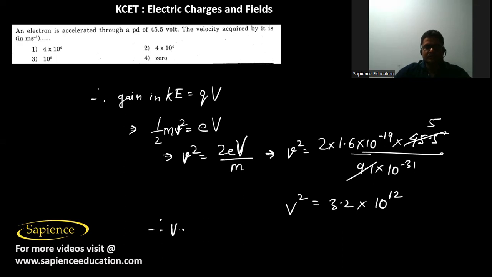So v square is 2eV by m, so it will be 2 fives are 10, so this will be 16 into 10 power 12. Therefore, v will be root over this, so this will be 4 into 10 power 6. So option 1 is the correct answer.